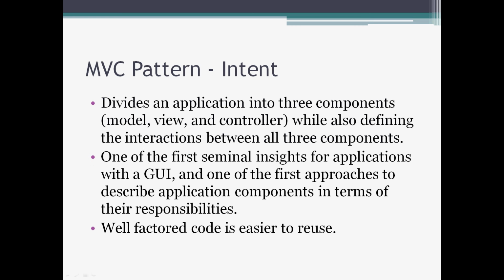The MVC pattern was one of the first real insights for applications with a GUI and design patterns that were kind of strictly meant for GUIs. And it was also one of the first approaches to describe application components in terms of their responsibilities. It also intends to have well-factored code that's easier to reuse, and you'll see later in the presentation that code reuse is really important with MVC.